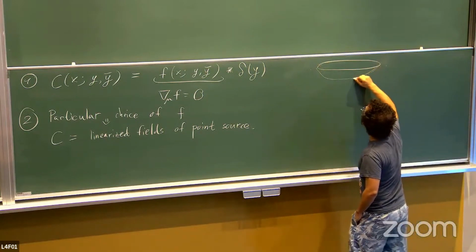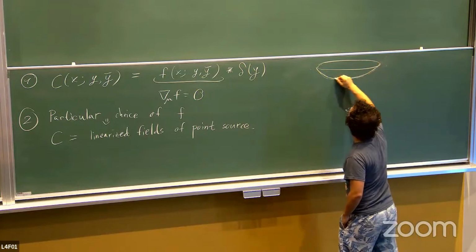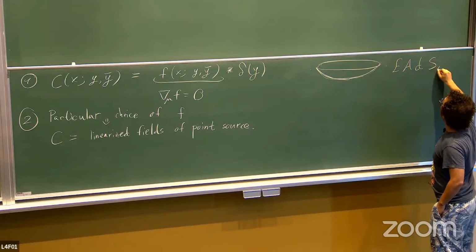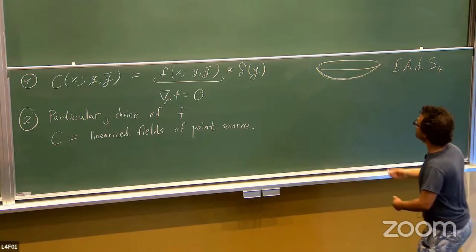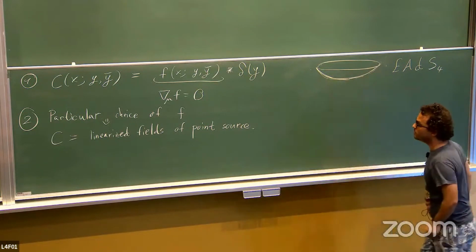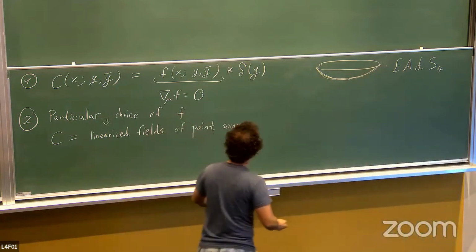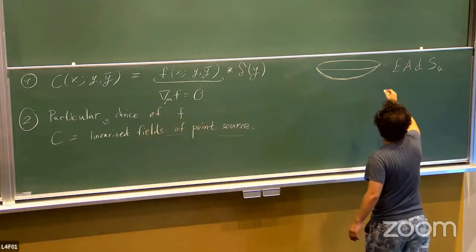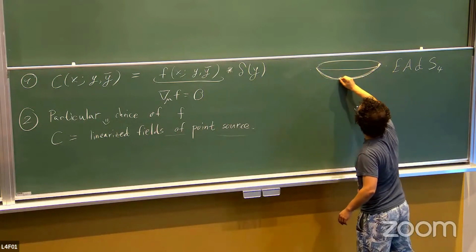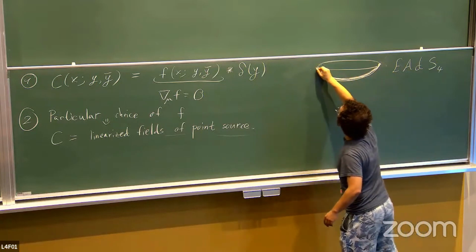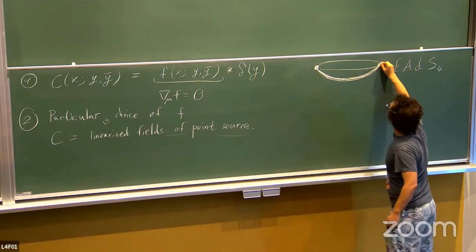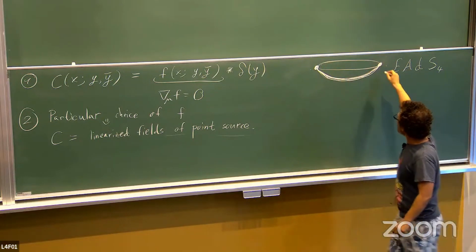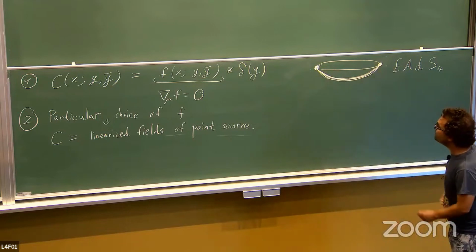I'm going to work for convenience in Euclidean AdS4, which looks like a hyperboloid in 5 dimensions. And in order to put a point particle source, we need to place it on some geodesic, in Lorentzian a time-like geodesic, here a space-like geodesic in the bulk space-time, joining 2 boundary points together.